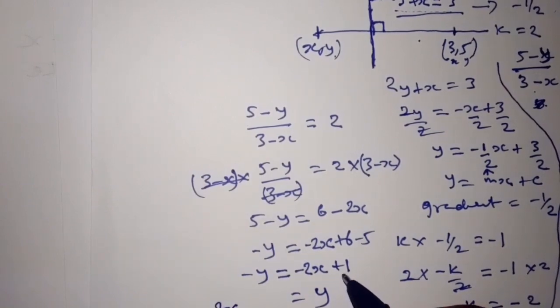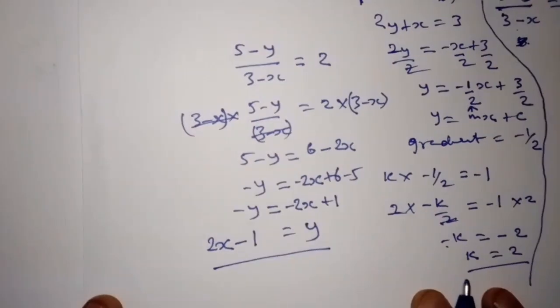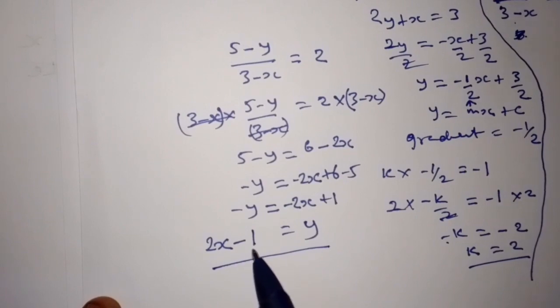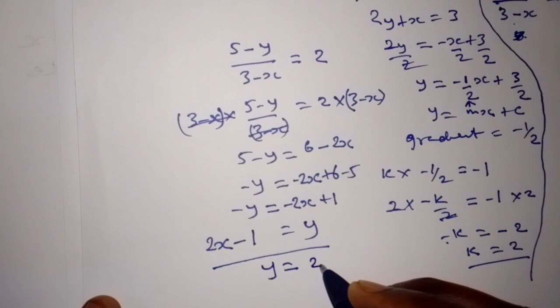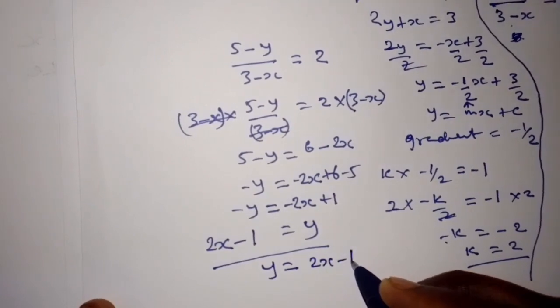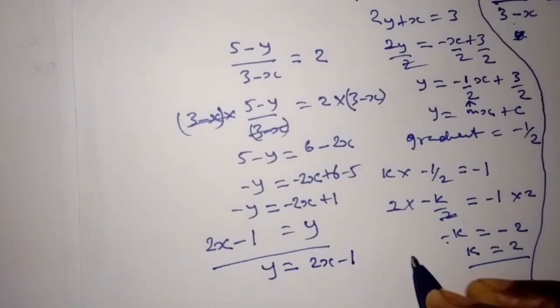We also bring positive 1 this other side, so when it crosses, it becomes negative 1. So we can say 2x minus 1 is equal to y. Y is equal to 2x minus 1.